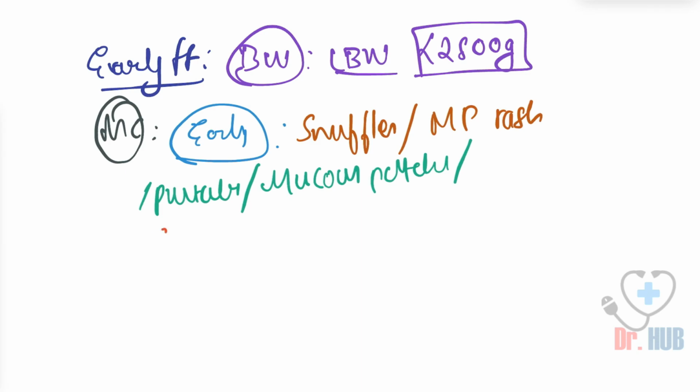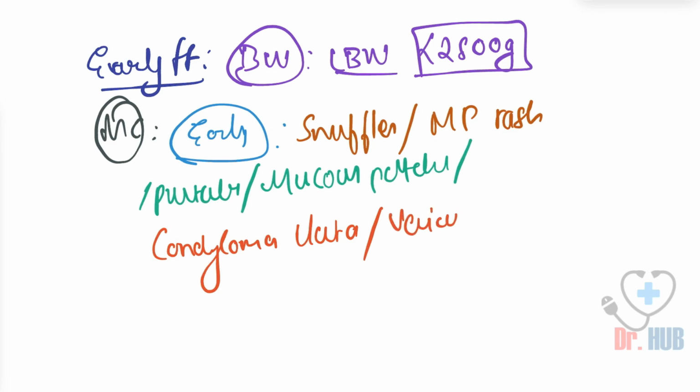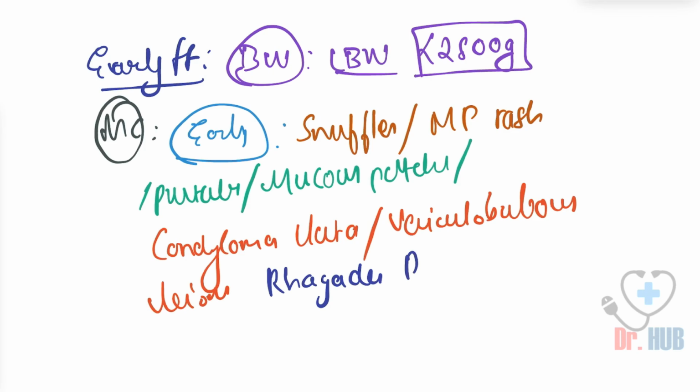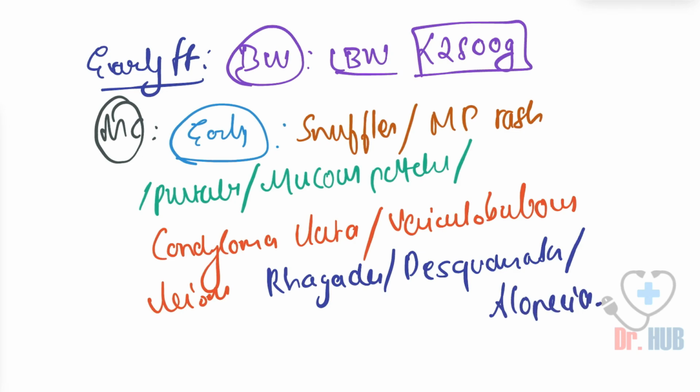Then there is the condyloma lata. Then the vesiculobullous lesions. There is also the presence of the rhagades, then desquamation, and also the alopecia. So such things are present in case of early.